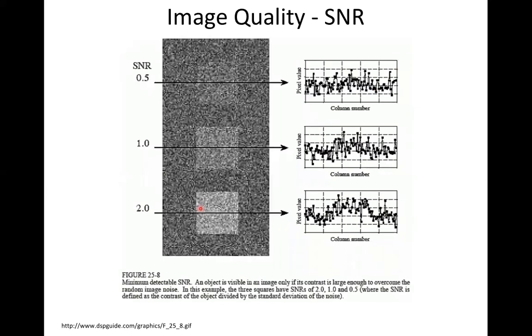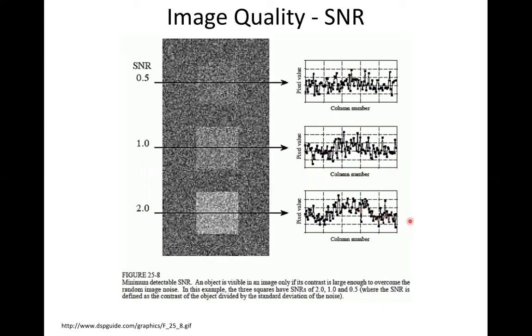So here's an example of true signal to noise values, if I believe the author here, where this is 0.5, this is 1, and this is 2 signal to noise, right? When you look at the profile in 1D, since it's easier for us to look at a profile and picture the noise value, you can see the object goes up to a new mean value, and then the background's down here.